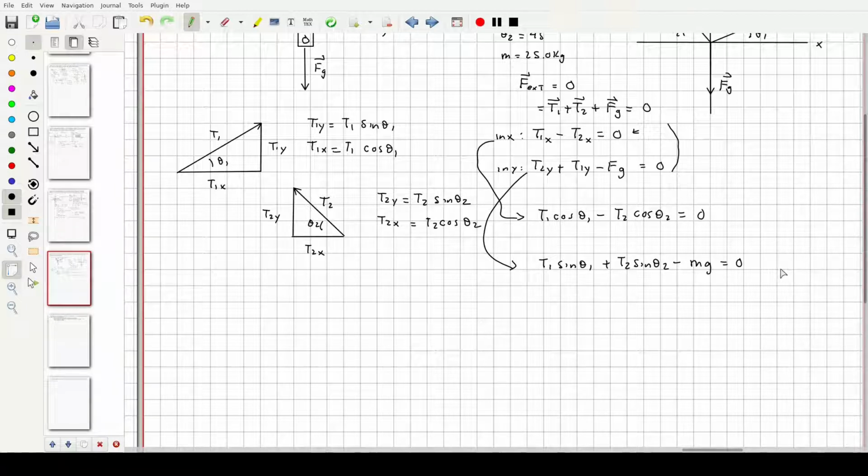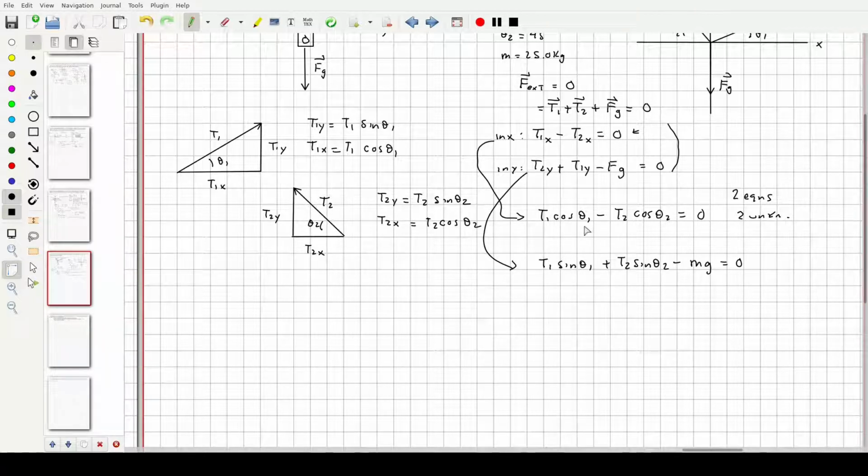But look what we have. We have two equations in which we know the angles, we know the mass, we know g, and the only things that we don't know are T1 and T2. Two equations, two unknowns. This is a completely solvable system of equations since the equations are different from each other.